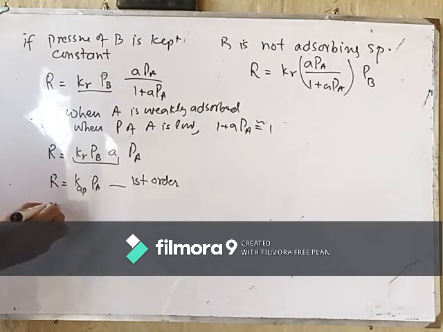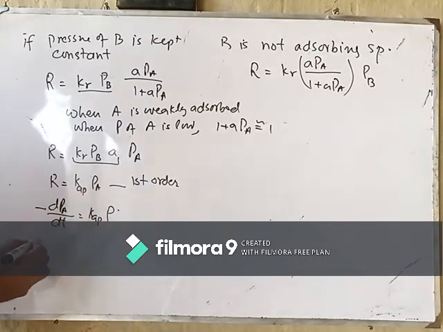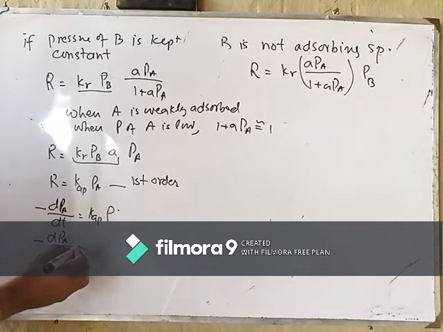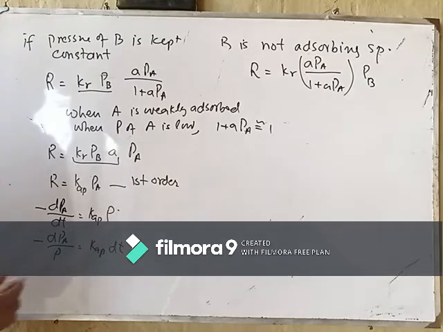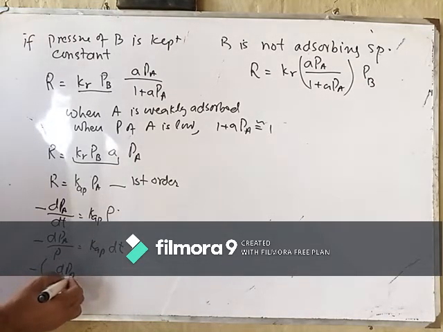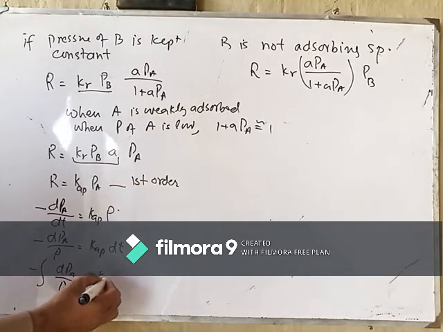Rate is equal to minus dPA divided by dt is equal to K apparent PA. Rearrange करते हैं, minus dPA divided by PA is equal to K apparent dt. Integrate करते हैं.